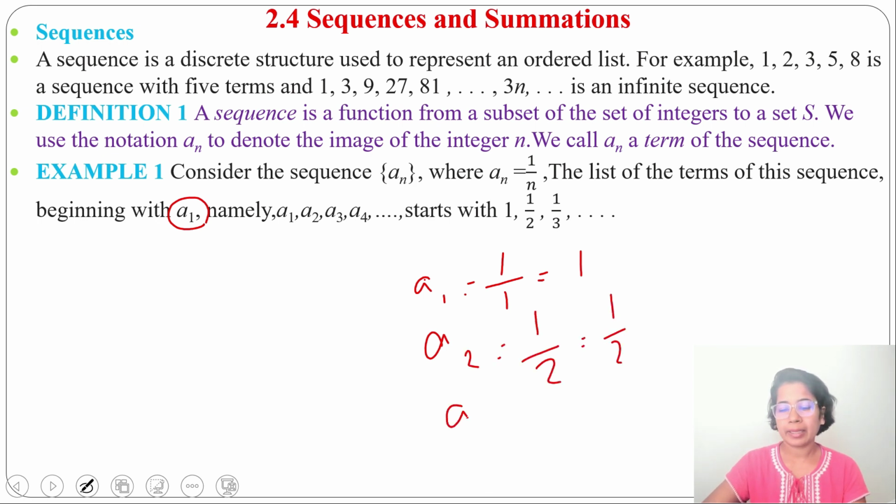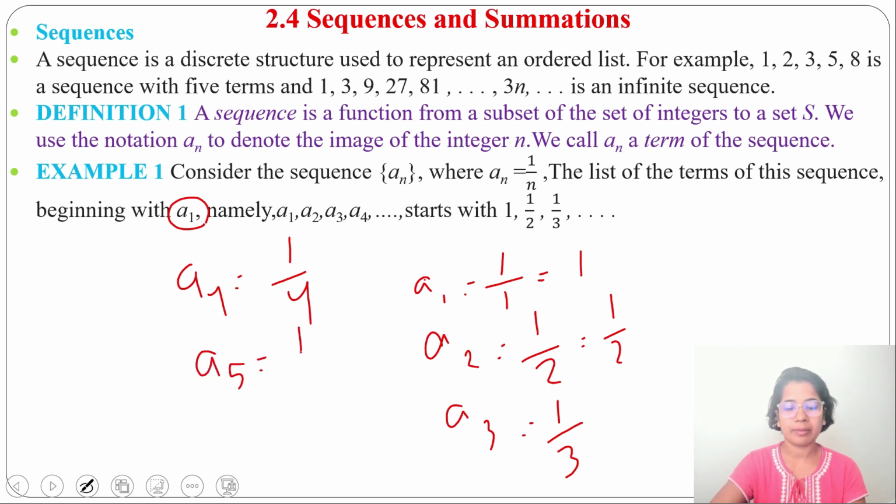Then a3 will be 1 divided by 3. a4 will be 1 divided by 4, a5 will be 1 divided by 5. So this is the sequence 1, 1/2, 1/3, 1/4, 1/5. We can say a_n equals 1 divided by n.